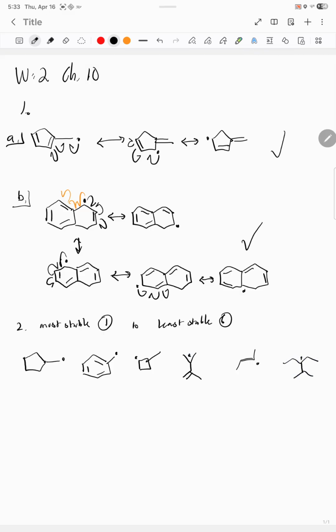If we were to rank from least stable to most stable, it would be the following. The most stable would be, I would have to say, probably either the benzylic or the tertiary allylic. I feel very tempted to say it's the benzylic, but this is the first one because it's allylic.